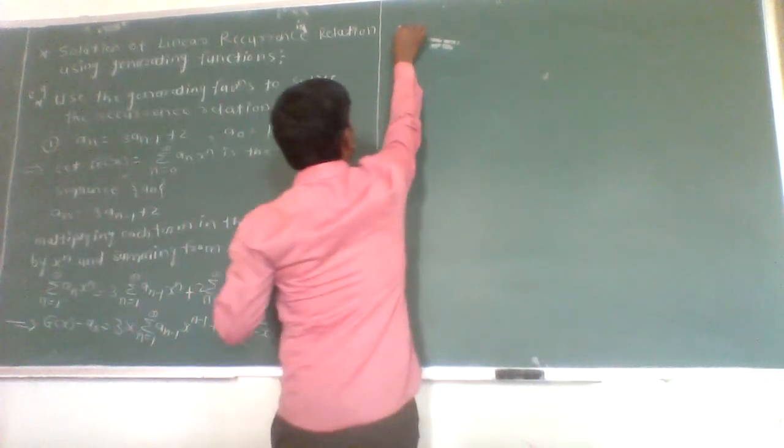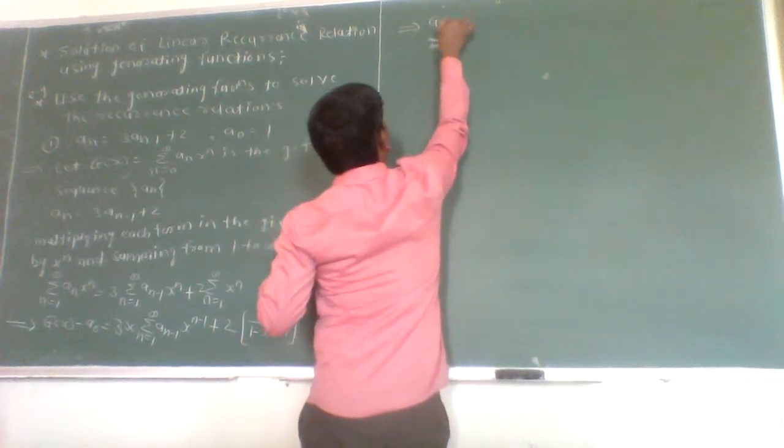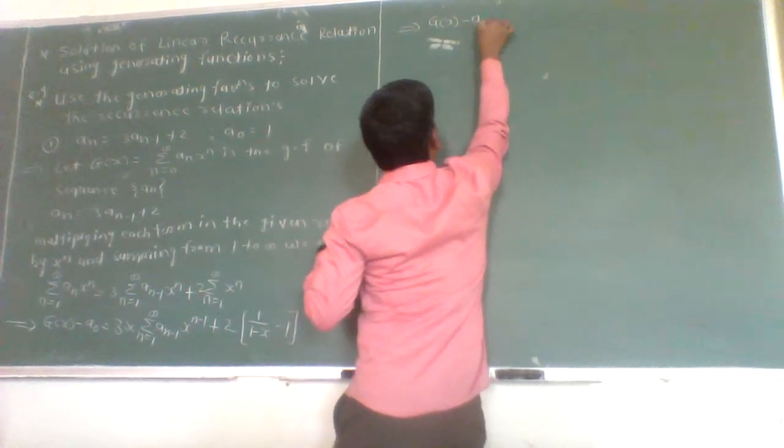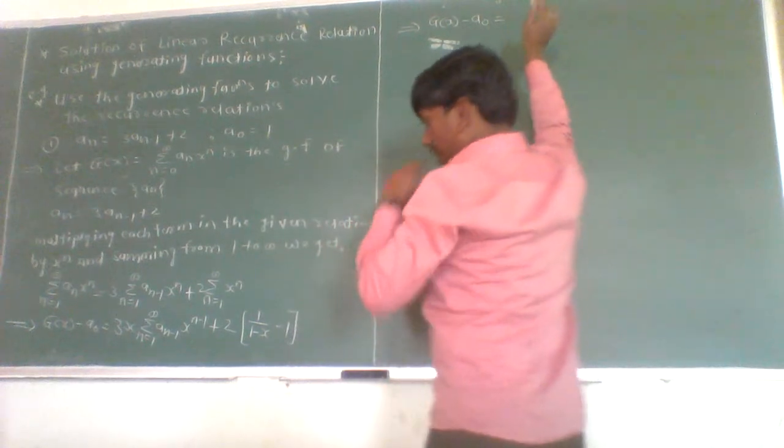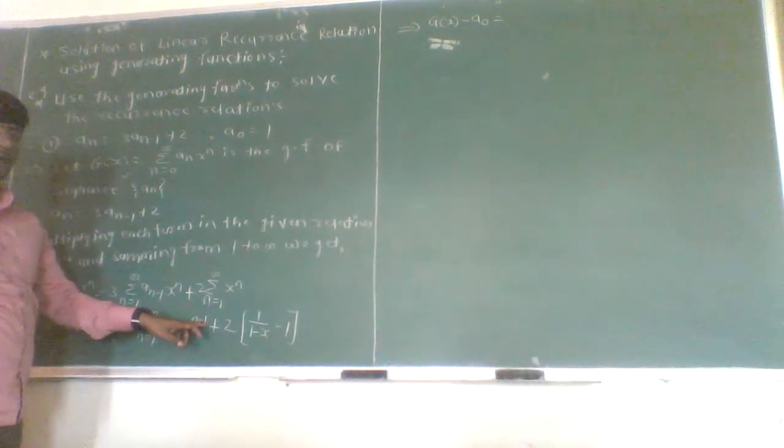So g(x) minus a_0 is equal to 3x times the summation n running from 1 to infinity a_(n-1) x^(n-1).